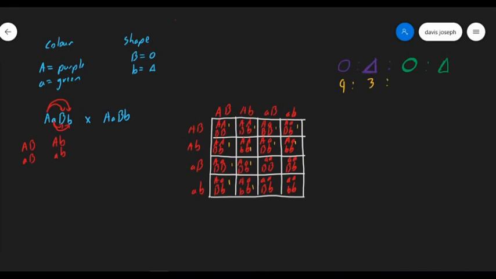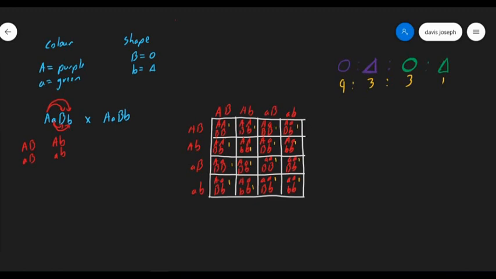For green and round, it's going to be double small a, a double recessive, and at least one capital B. So 1, 2 and 3. And we're only going to have one where you have a double recessive for both shape and color. So we're going to get the ratio 9 to 3 to 3 to 1.